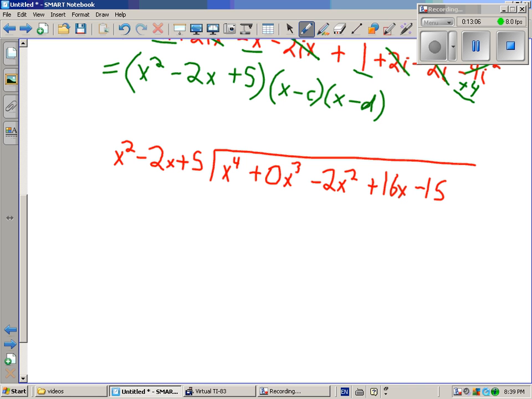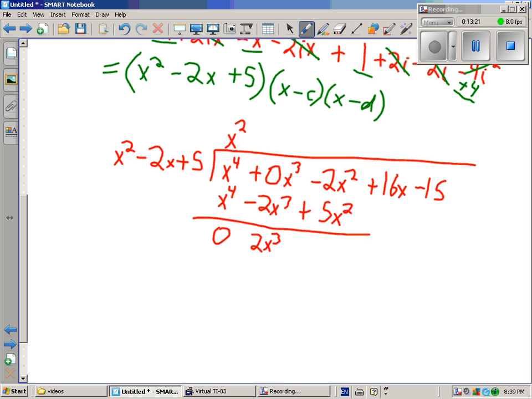We divide this out. x squared, x to the fourth, minus 2x cubed plus 5x squared. 0, 2x cubed, minus 7x squared, carry down the 16x.